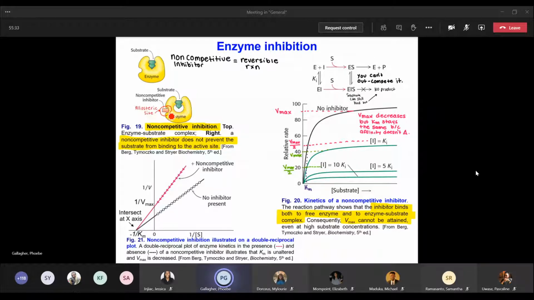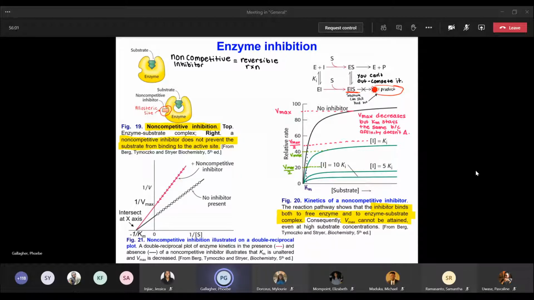However, because this allosteric site binding can cause the enzyme to change conformation, it could affect the enzyme's ability to actually be functional within the active site. So you'll see that while the substrate can still bind to the enzyme with the inhibitor present, the active site is no longer functional, and you won't see the product formation.